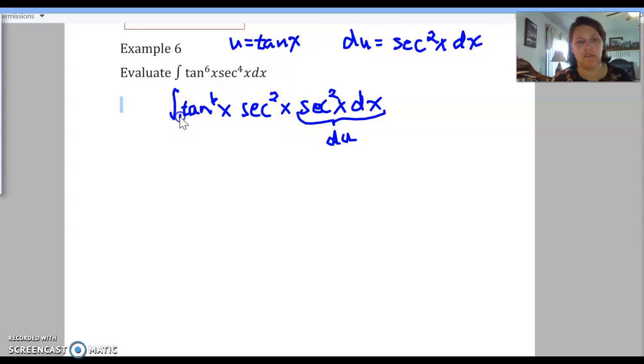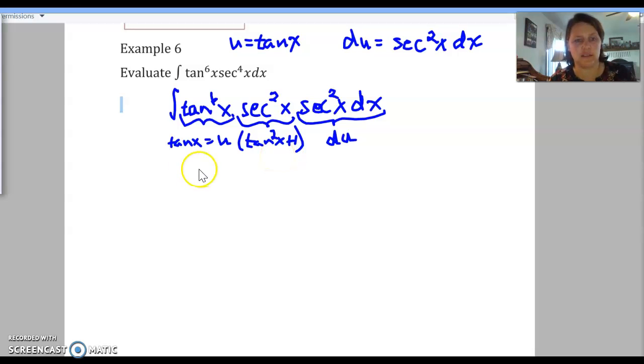Okay, so that would give me tangent x equals u. The secant squared x, well, we just talked about that. We could rewrite that as tangent squared x plus 1. So that looks like a great way to do it.